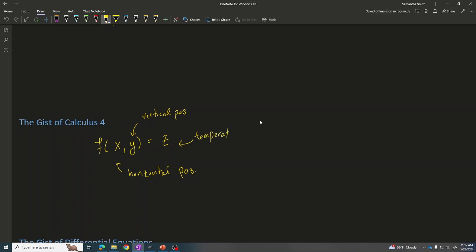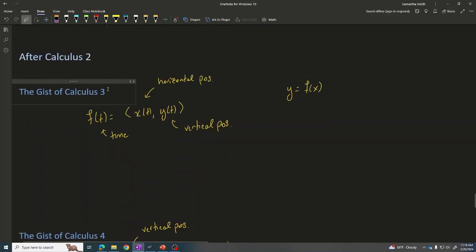Maybe your object is being unevenly heated, and so I tell you the coordinates of a certain location on the object, and then the function tells me back the temperature. This would be an example of the kind of functions that you deal with in Calculus 4. So this is the subject of Calculus 4, these functions, and how to do derivatives and integrals with these functions.